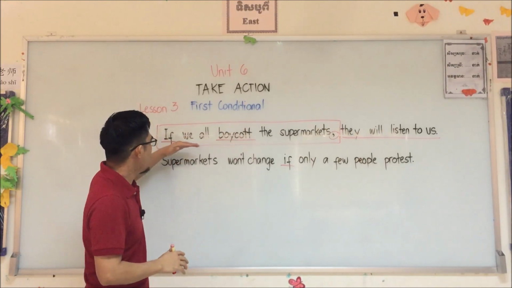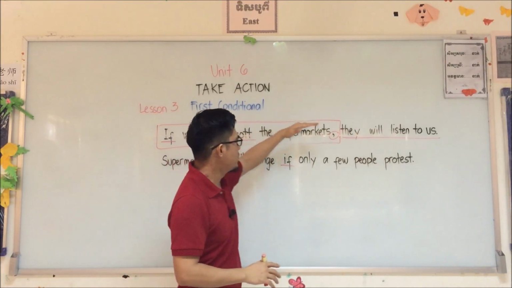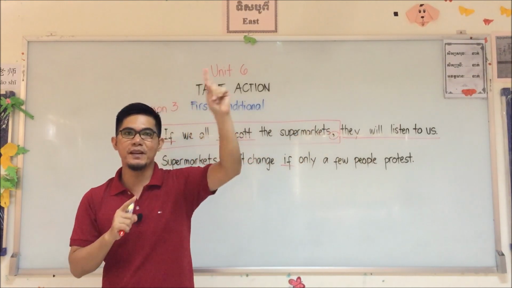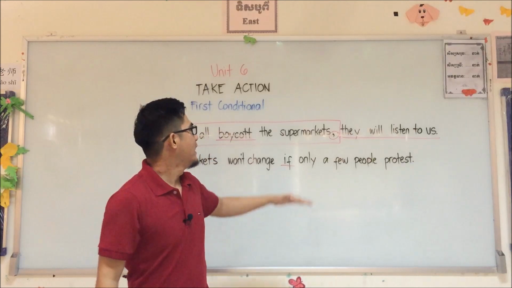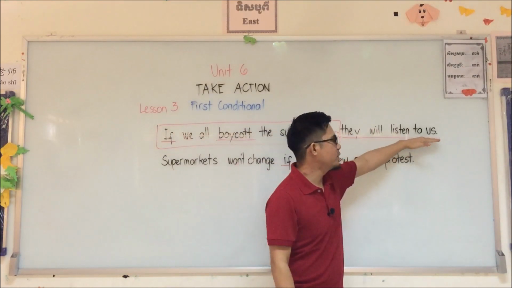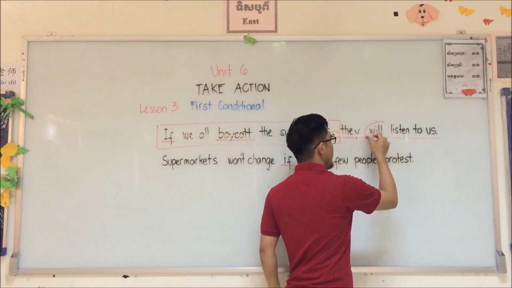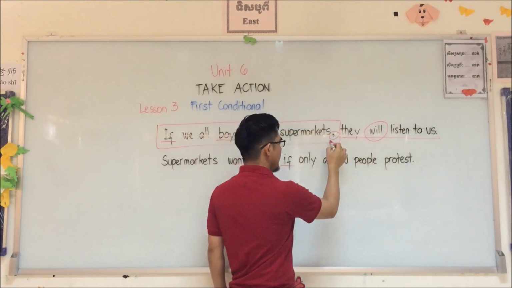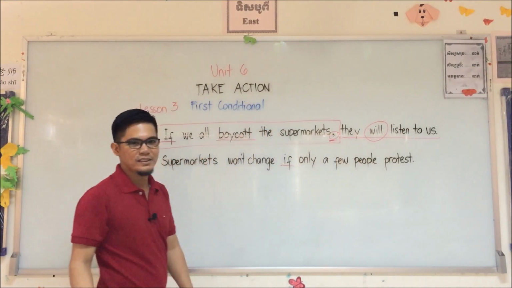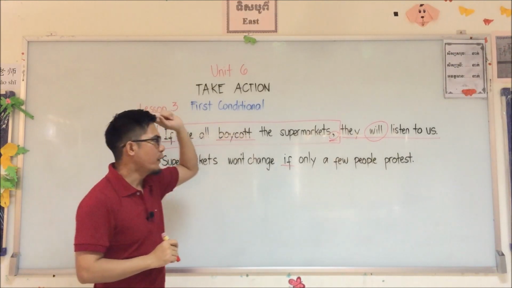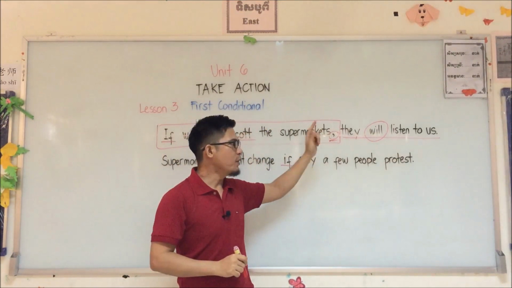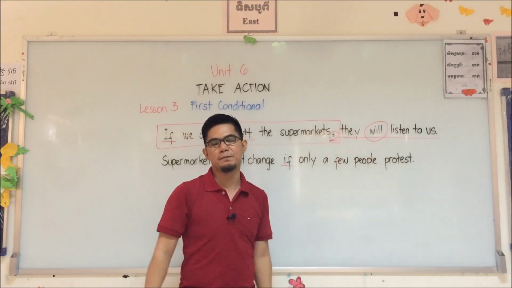Correct. If we all boycott the supermarket, that's the future possible situation. And what will be the result? They will listen to us. That's why we use will. And we use the comma. That's rule number 1. If we use the situation first, we use the comma before we describe the result.